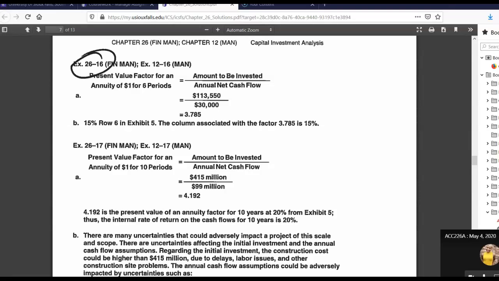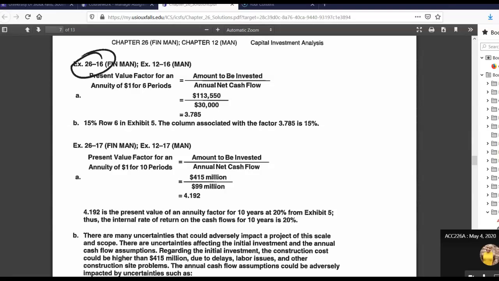So knowing that, it calculates out to 3.785. You can do this right in your chapter. Go to that Exhibit 5 in your textbook, in your chapter 26. What you have to do is, it was for 6 periods.